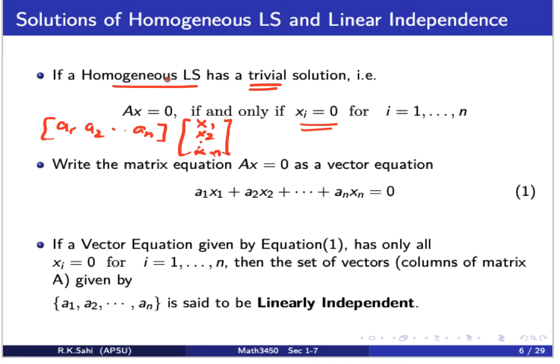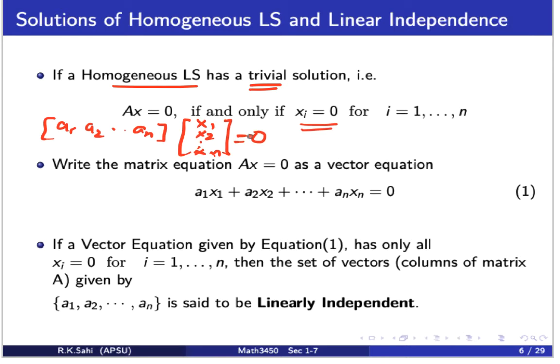So if the homogeneous matrix equation Ax equal to 0 has only the solution given by the zero vector, which is xi's are 0 for all i's from 1 to n.